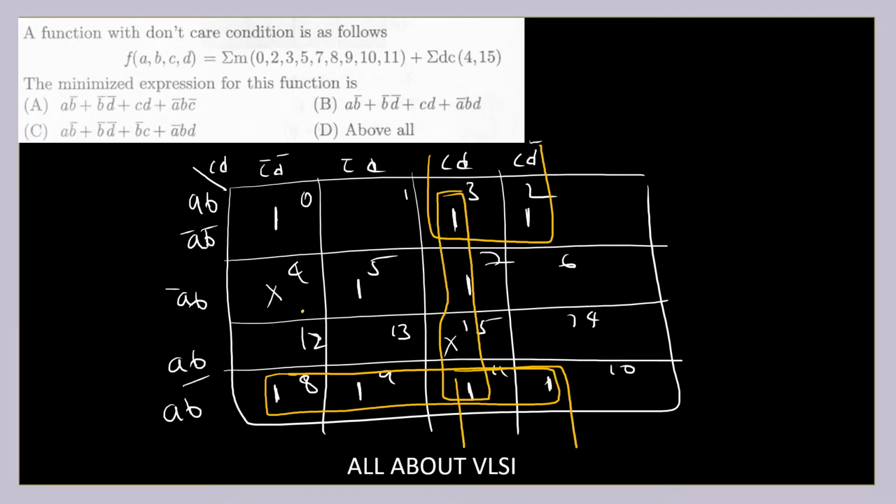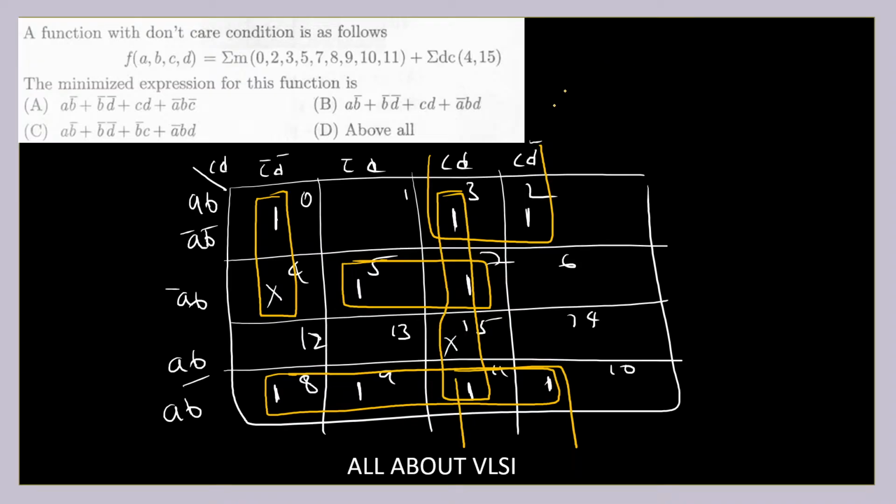And what else can I do? I can form a dual and a single like this, right? So these are the possible groupings which I have. Are there any other possible groupings we can see over here? So this is one quad, and this is what I'm going to follow.